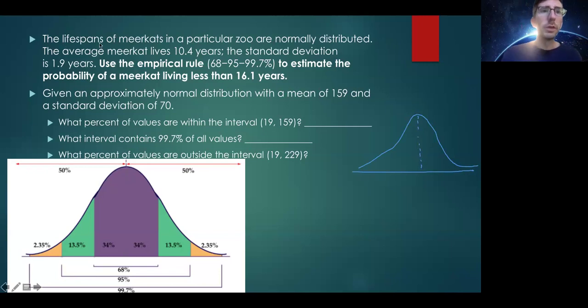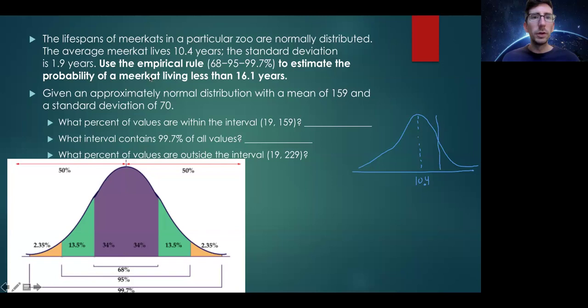Okay, so this time we're given that lifespans of meerkats again in a particular zoo are also normally distributed. This is a different zoo, or it's a different population of meerkats, right? Because now our average lifespan is 10.4 and our standard deviation is 1.9. So now at the center of our graph, we'll put 10.4.